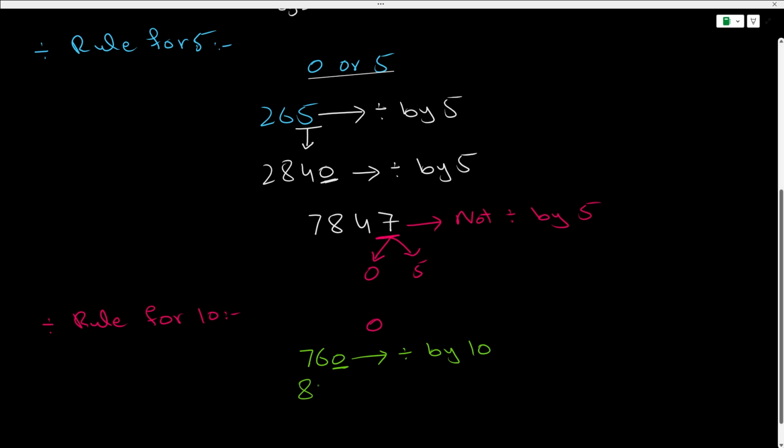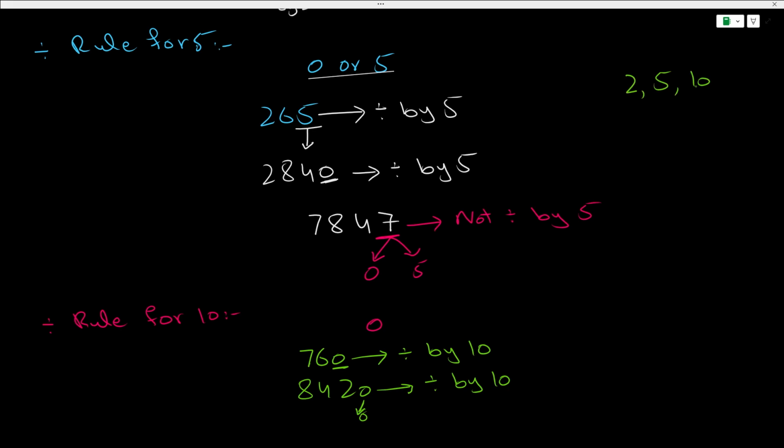Another example is 8420. The last digit is 0. So we say this number can be divided by 10 as well. Up to now, we have learned three divisibility rules for three numbers: 2, 5, and 10.